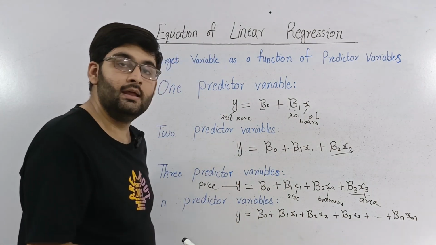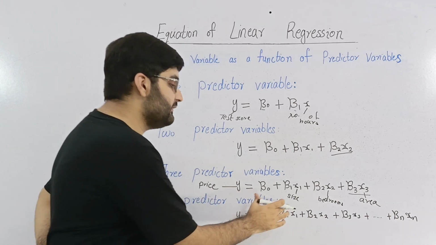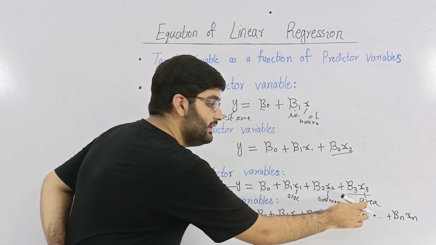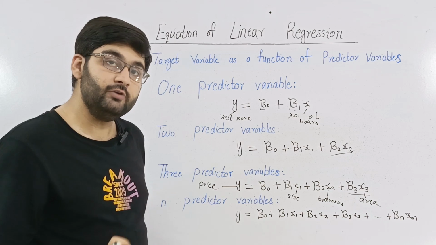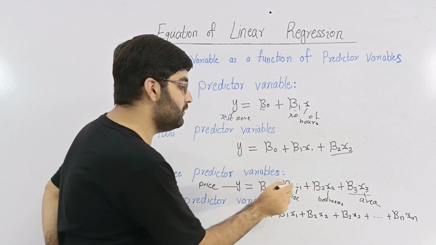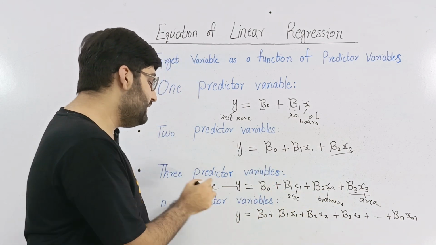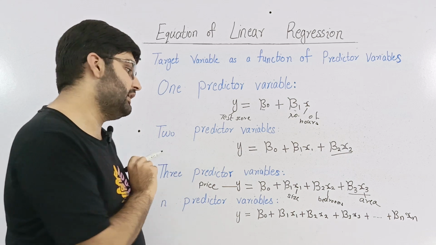So given any values of the size, bedrooms, and age of a house, if we know the values of these four constants, we can calculate the price of the house.